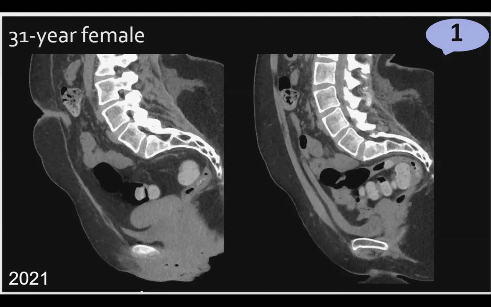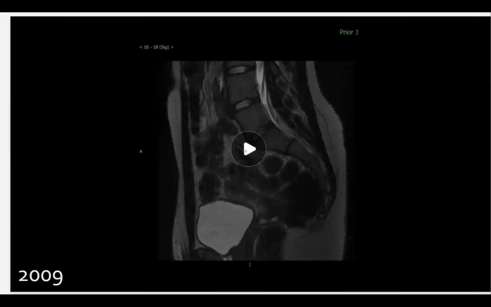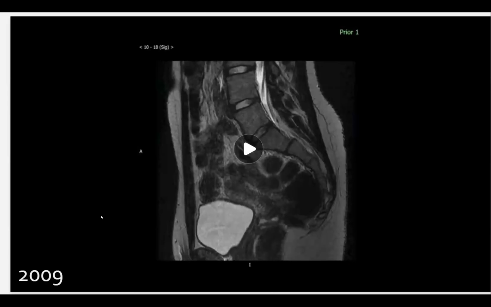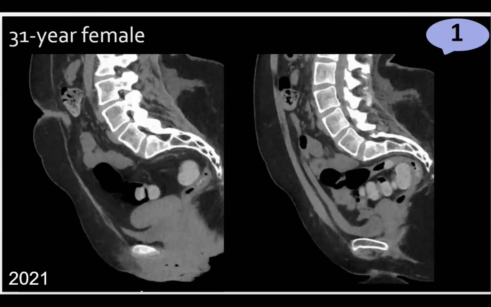When I thought of collecting it, I thought let's do an MR too, and it wasn't present on MR. It's not playing, but it wasn't present on MR. So when I went and checked back the history, it was actually a Mitrofanoff, which was beautifully explained by Aarti. And yeah, it's a continent procedure. So that's the beauty of it. In your case, though, it's coming out of the umbilicus. Yeah, usually it is at the umbilicus, but it can be peri- or para-umbilical as well. Oh, I didn't know it could be umbilical. Cool.